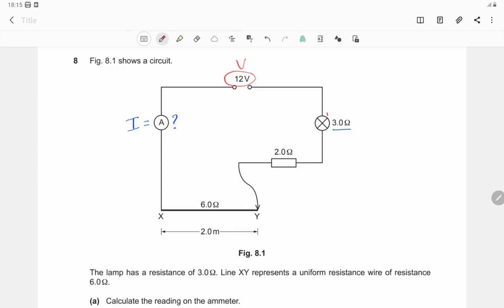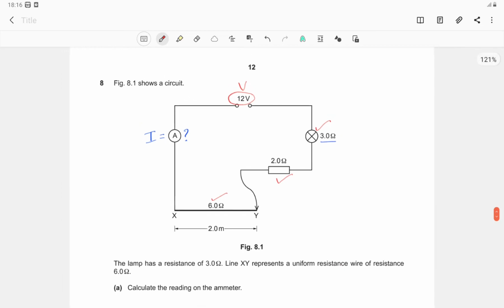One is 3 ohm, that is the resistor of the lamp, and another resistor 2 ohm, and the total wire is having a resistance of 6 ohm. So there are 3 resistors which are connected in series. So you can easily calculate the total resistance and you have voltage, so that you can easily calculate current.